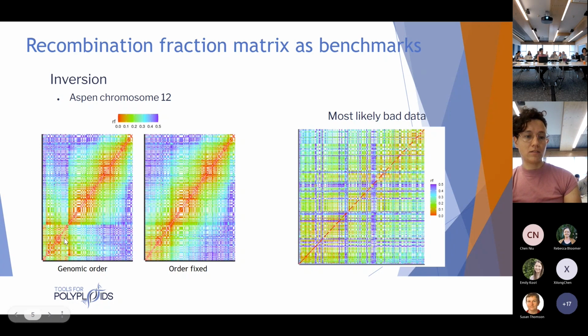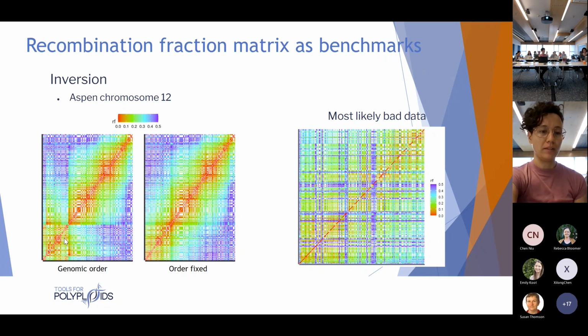But with something like this, you can understand that it's an inversion, because if you flip this region, you have the order as it's supposed to be again. So we can explain this biologically: my population has a genome that's different from the reference genome that was used for assembly. You can fix that, take notes, and discuss this in your discussion.